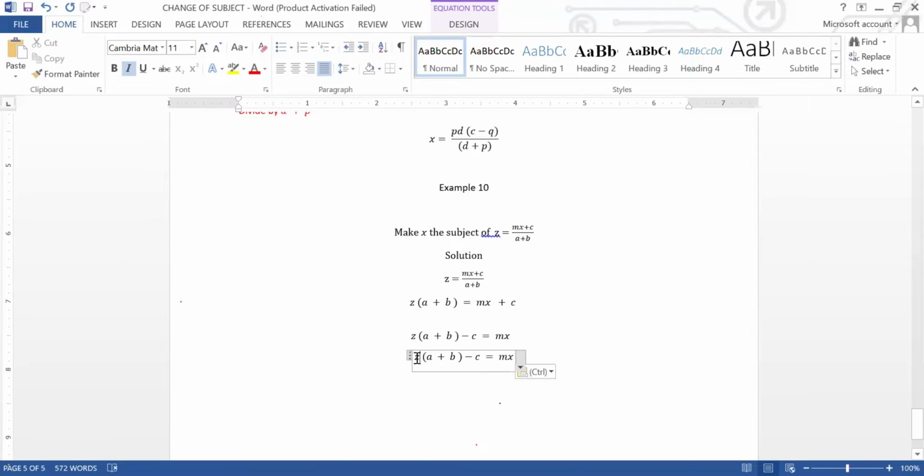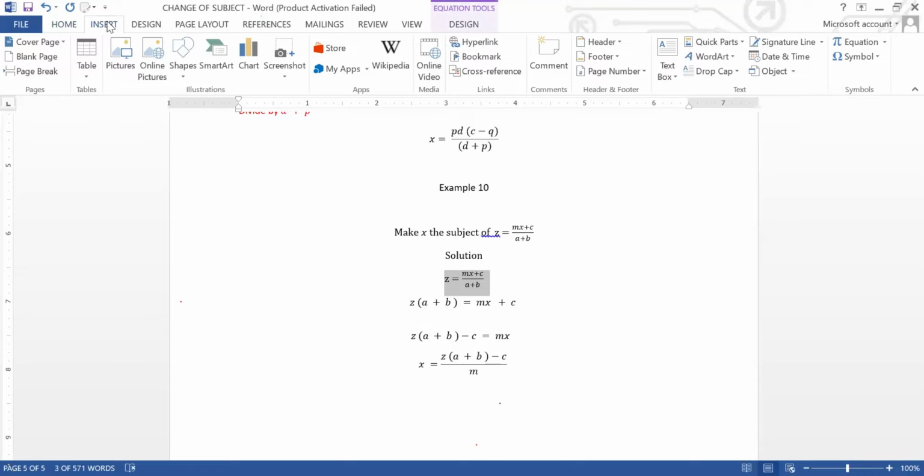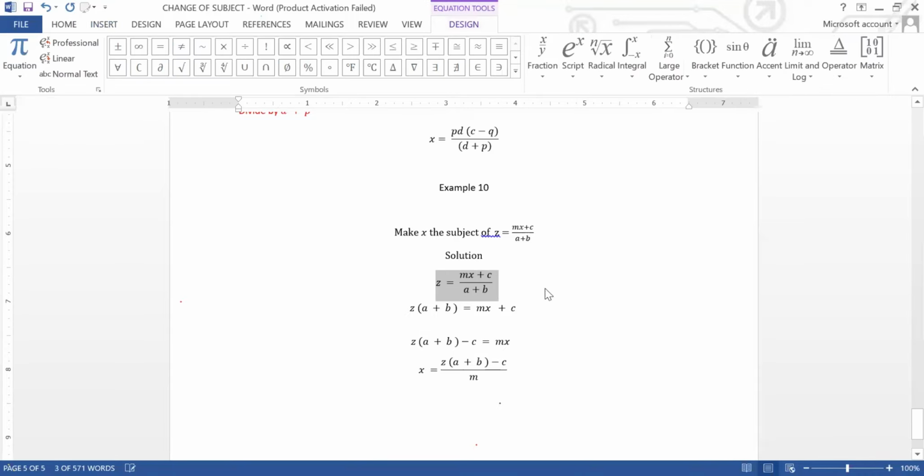So I have X is equal to, then I pick all of this to the top. Assuming you are asked to make A the subject, you move through the same procedure.